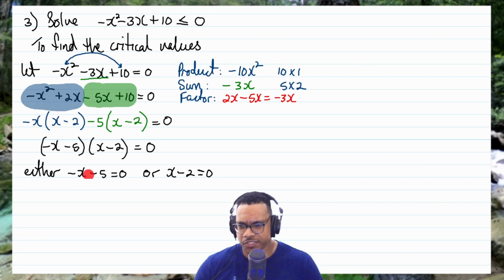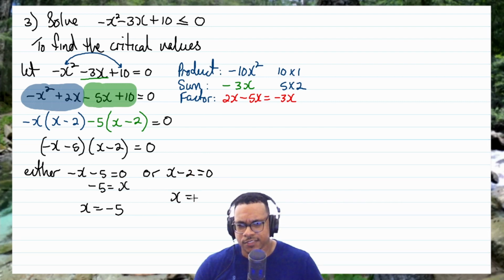So I'll solve this equation first. Now what I can do is just transfer this negative x across the equal sign. I will change to positive x. So I'll have negative 5 is equal to positive x. So that'll just mean that x is equal to negative 5. And here I can transfer this negative 2 across the equal sign. I will change to positive 2.